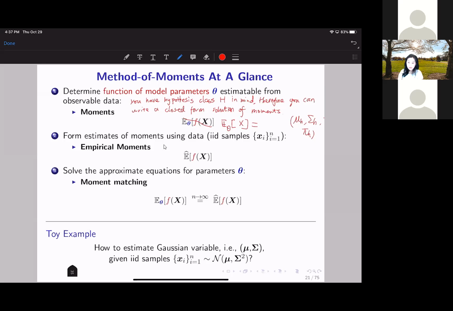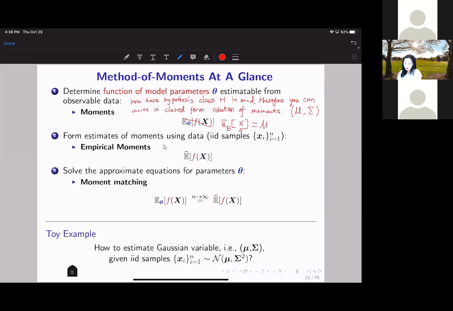Okay, so now if this is too complicated, I'm going to give a simpler case. Let's say your x is just Gaussian, so not a Gaussian mixture, but just Gaussian. The Gaussian has mean mu and covariance sigma. Can you tell me what is the expectation of x conditioned on theta? Can you write it out?